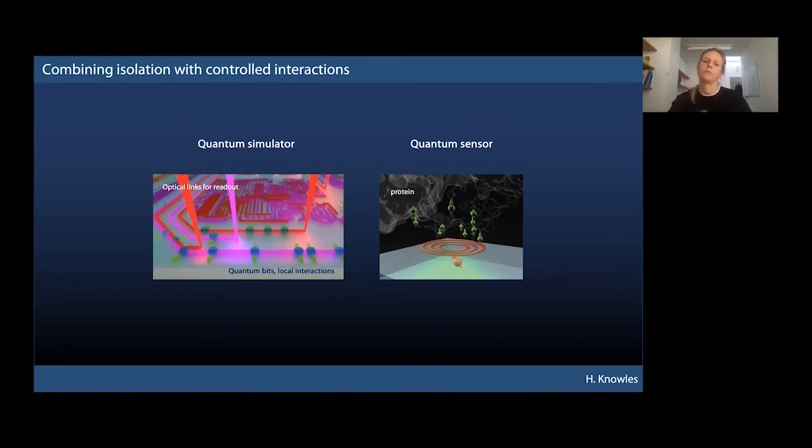So this would be something that is too complex for us to just simulate on our computers, so we have to build a quantum system, say with interacting spins, where we can tune and tailor their interactions so that the resulting time evolution is what we're interested in seeing.